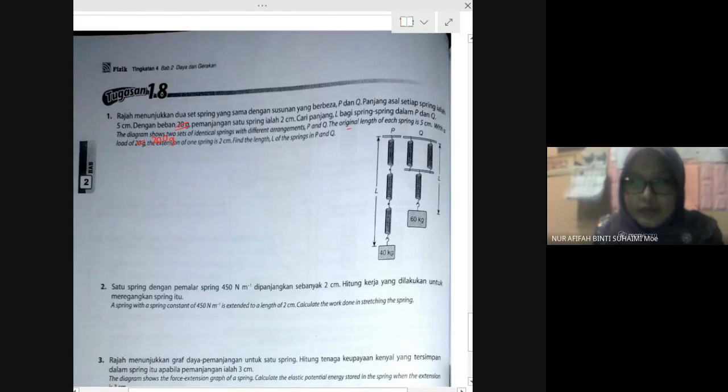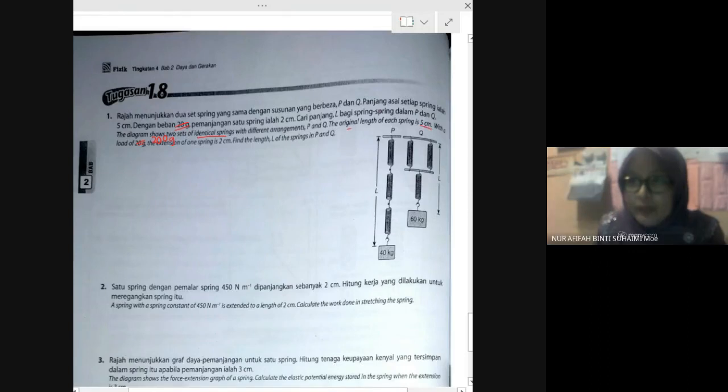The diagram shows two sets of identical springs. Kalau ada perkataan identical spring means that dia punya spring constant is same. Jenis spring sama, panjang sama, factor tu semua sama. Semua sama. So identical spring. P and Q use the same spring, okay, with different arrangement P and Q. The original length of each spring is 5 cm.